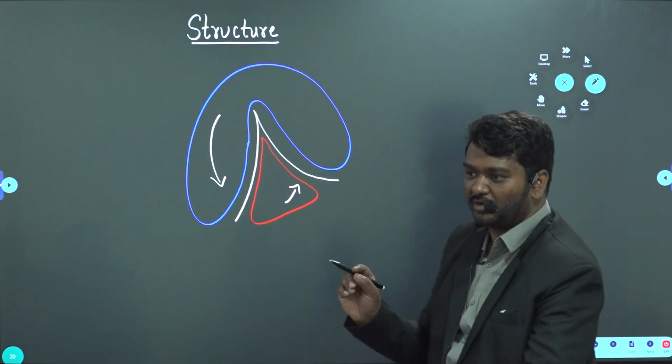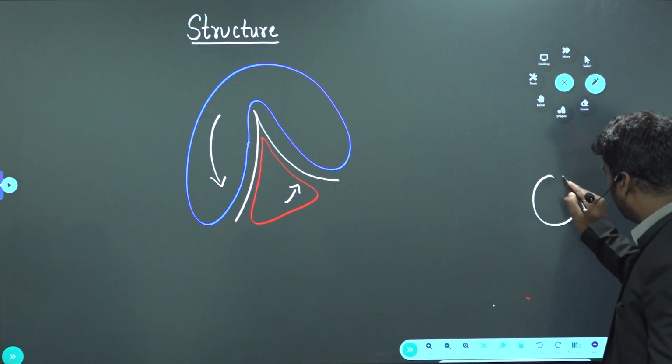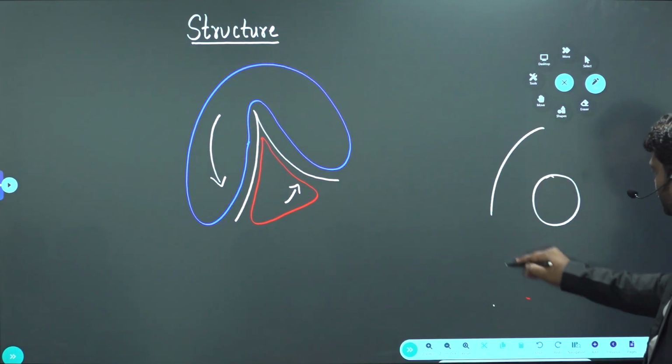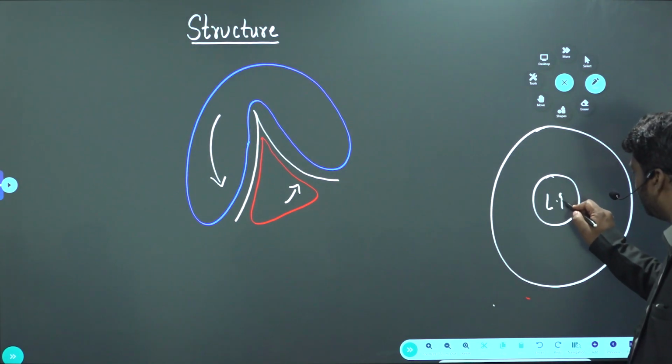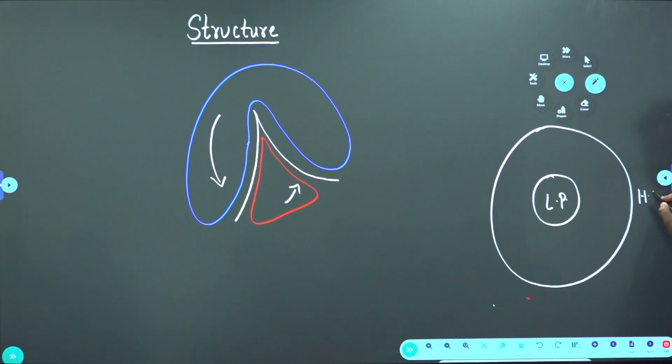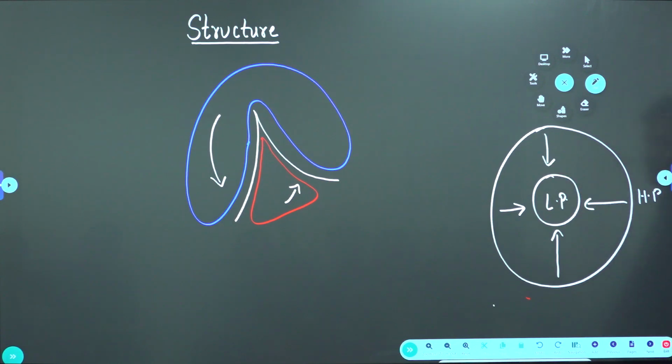Do you recollect? I told you there is an exemption. You see here, if you take cyclone, is cyclone a low pressure area or a high pressure area? Low pressure. So you will have low pressure at the center, high pressure surrounding. In exam, when you get confused, you can just check this.